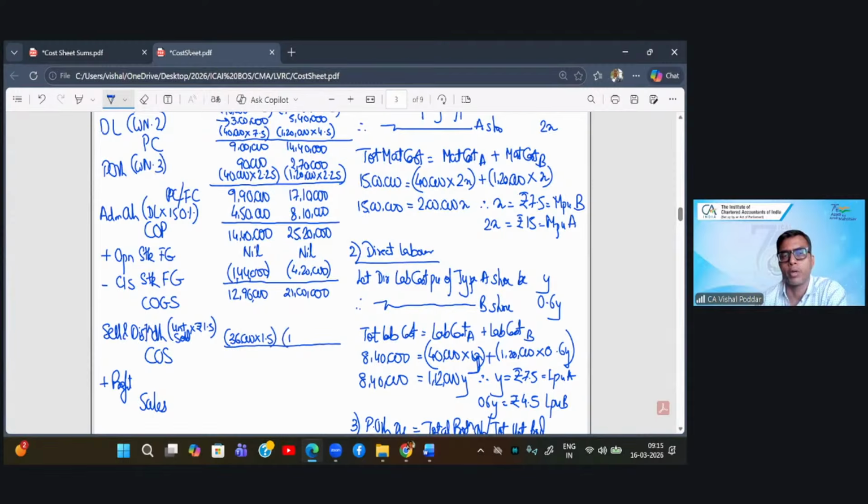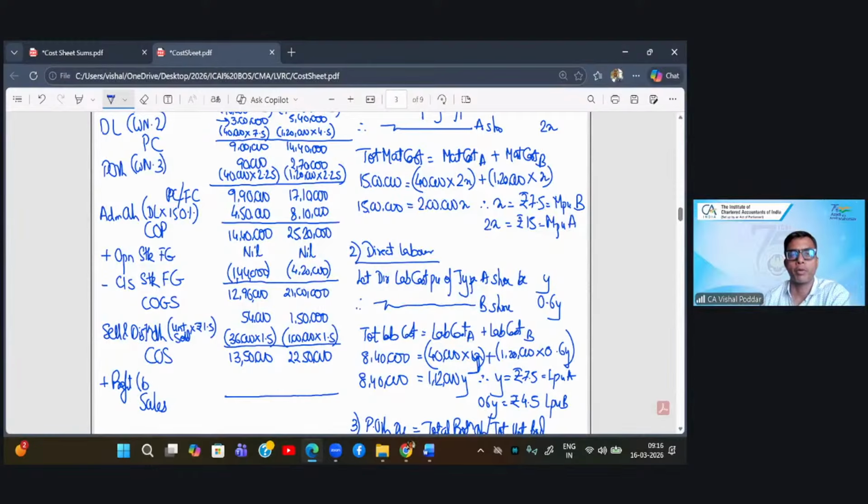So into 1.5, how many units are sold here? 1 lakh. So this will be 1,50,000, and this will be 36 and 18 is 54. So my total cost now will be 1350 here, and here it will be 2250.